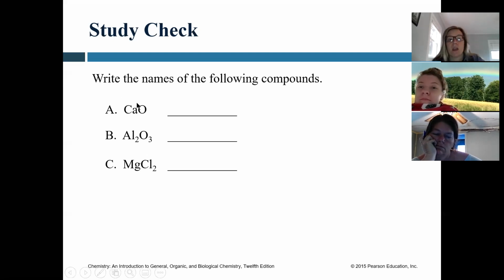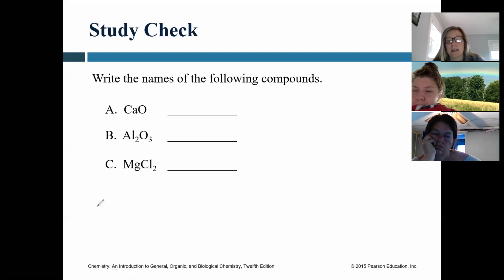Okay, so this first one here, metal and a non-metal, calcium oxide. Metal and a non-metal again, you want to be making sure, is it actually ionic? So this is aluminum and oxygen, aluminum oxide. This one here, magnesium chloride.